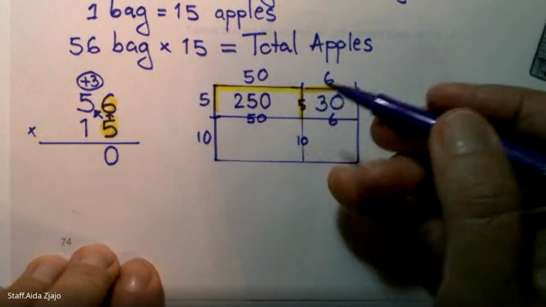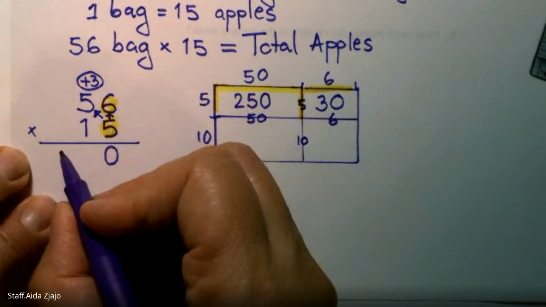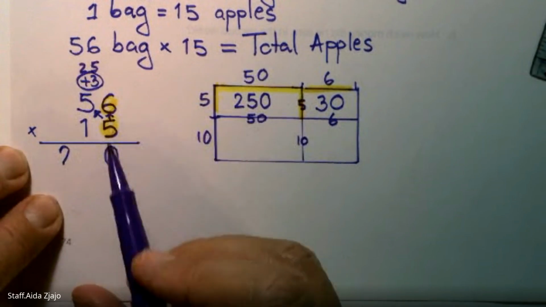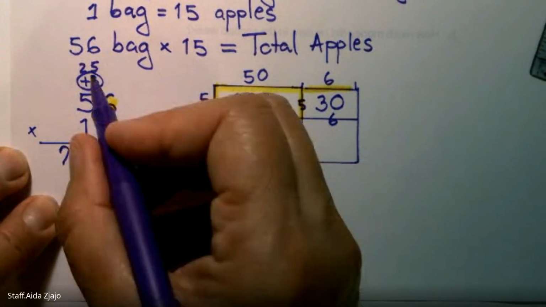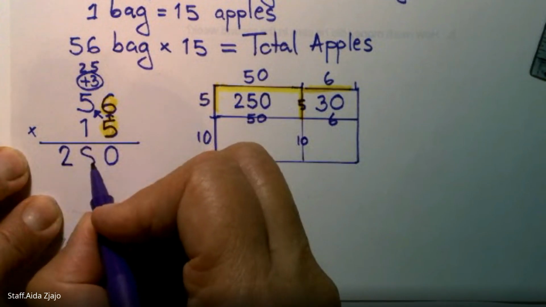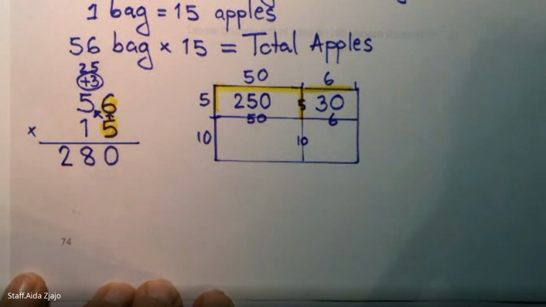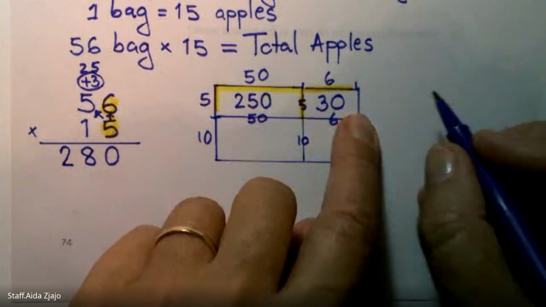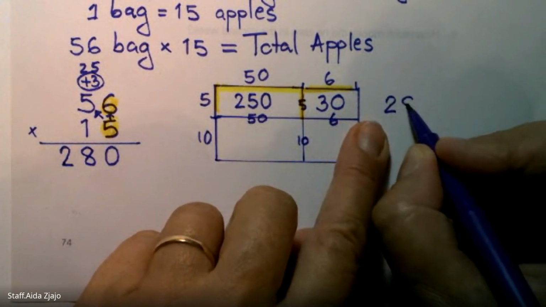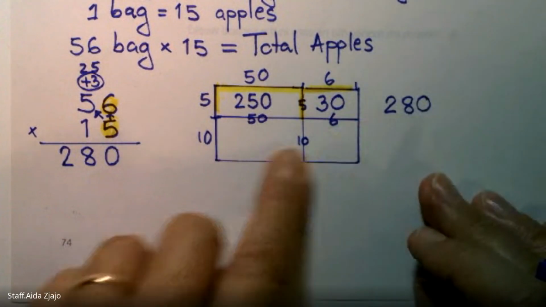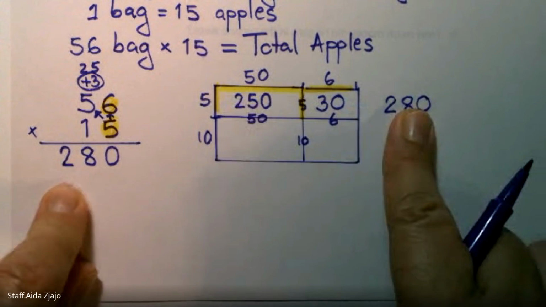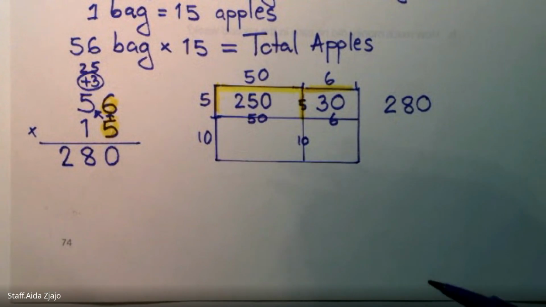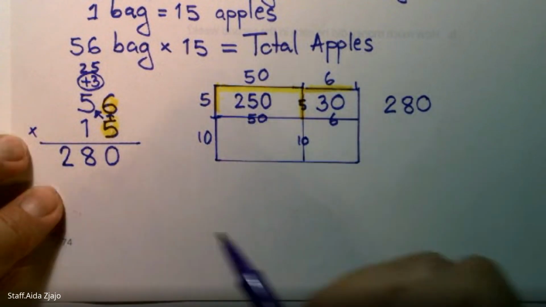So 250, so 5 times 5 is 25, plus 3 is 28. So it should be 280. So you can see this 250 plus 30 is 280. And that matches the first partial product.